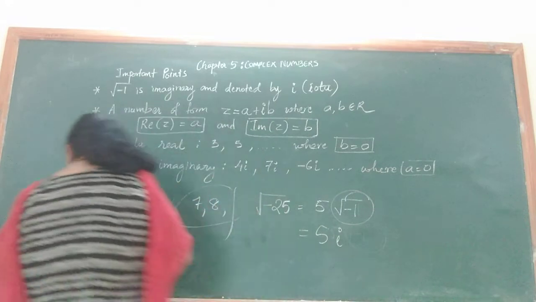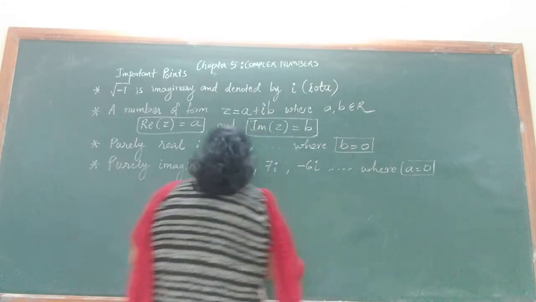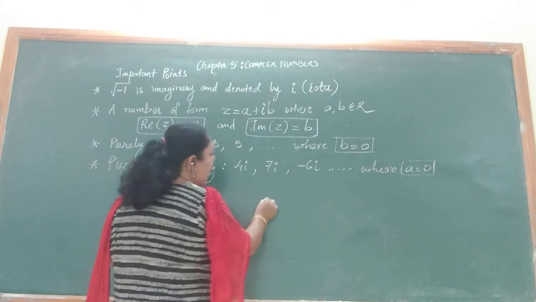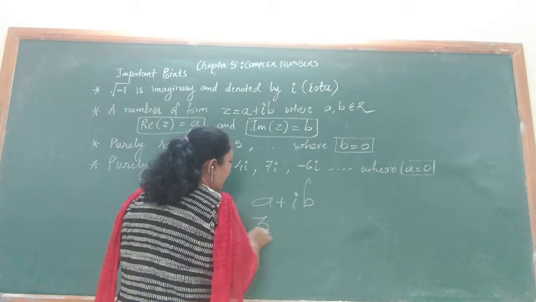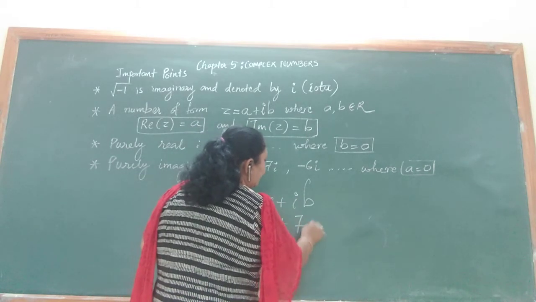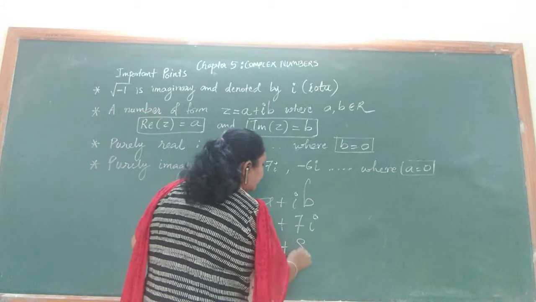Now purely real numbers and purely imaginary numbers. But if I mix these two a little, say I write my number in the form 8 plus ib. I may write it as 3 plus 7i. I may write it as minus 5 plus 8i.